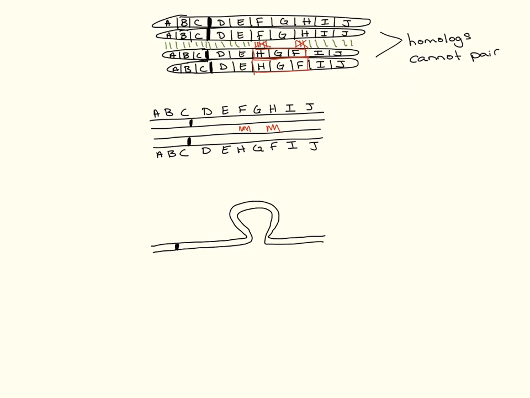So there's our two chromatids. So we have A, B, C, D, E, and now F, G, and H have looped out, and then we have I and J down here. And now what's going to happen with the second chromosome, I'll just draw it in a different color here, it's going to actually twist itself so that it can line up homologous segments.